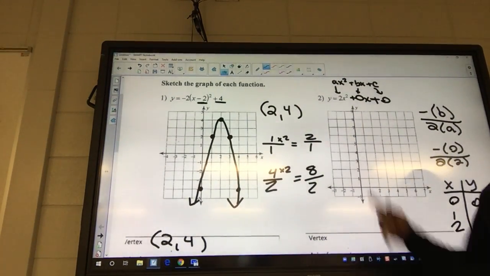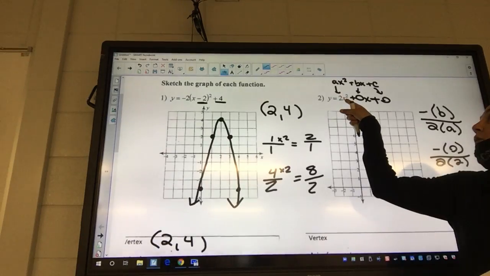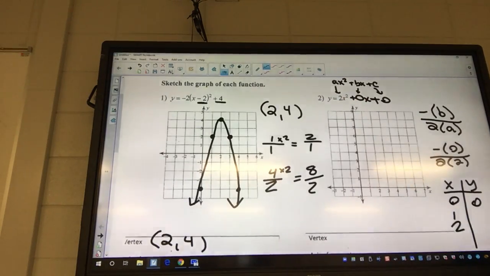Okay, so if we plug in 1 in there, what is 1 squared? 1 squared is 1, times the 2 out front is 2. If you plug a 2 in there, what are you gonna get? Type it in your calculator.